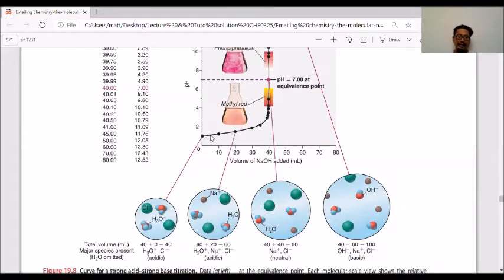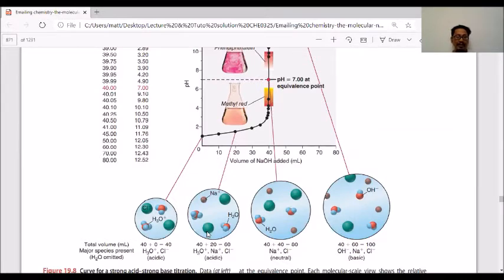Then, okay, kita ambil region before this region. Okay, take 1 point. Okay, take here at 20 ml, for example, right? Okay, what is total volume right now? Kalau tadi 40, now you add 20 ml, now we come for 60 ml, right? Okay, what present in the solution? Of course, the present in the solution now, hydronium ion, because it's not equivalent point.